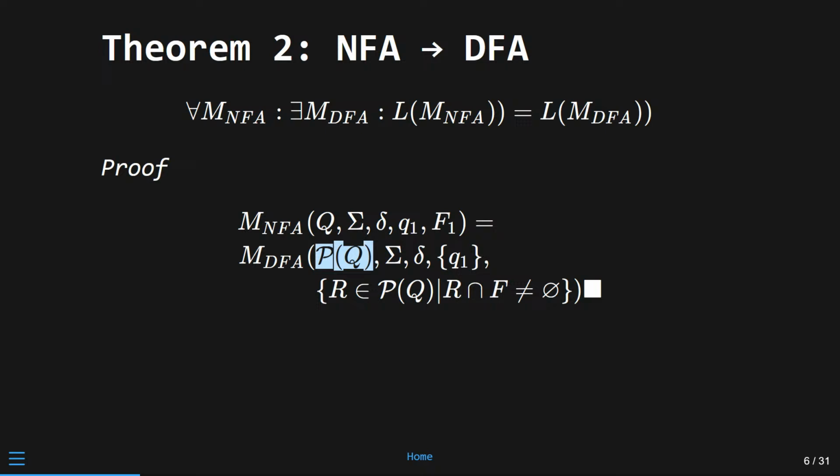Now, Q, the first Q, is some finite number, which means that we can call it, say, n, and we can say, there are n states in M NFA. And to track whether I'm in or out of n states, that's only 2 to the n possibilities.